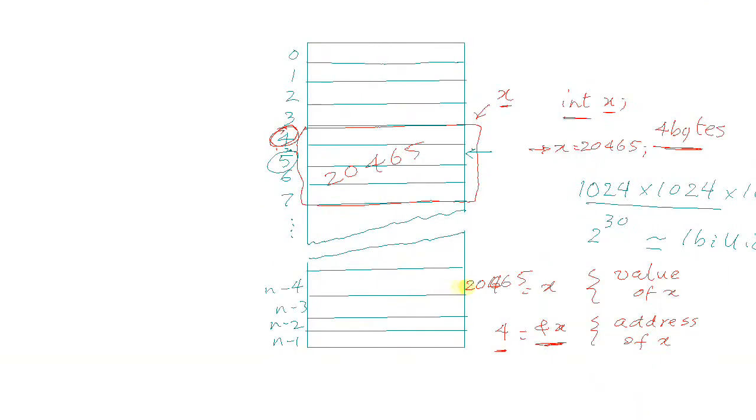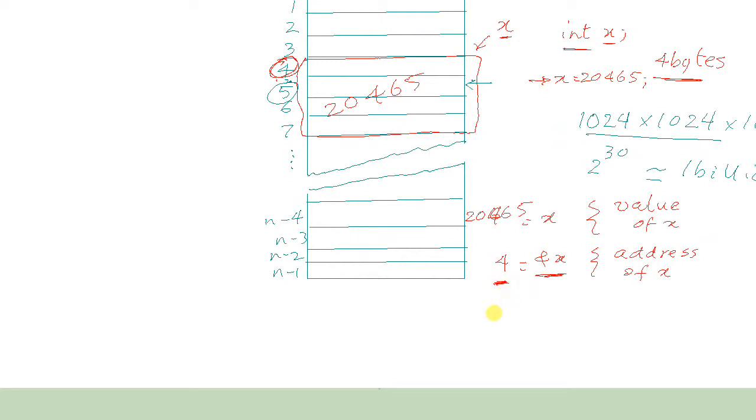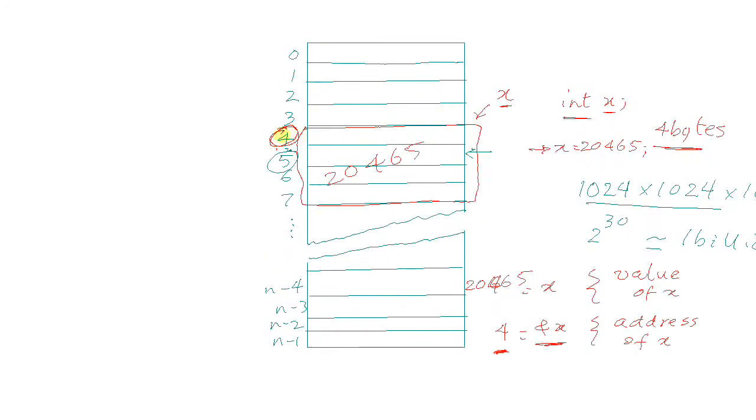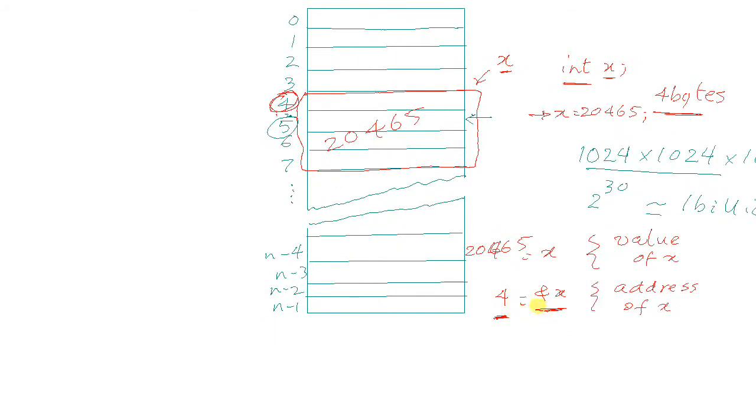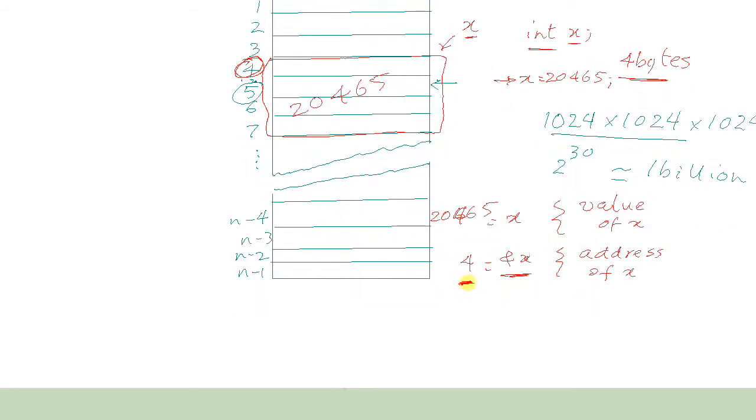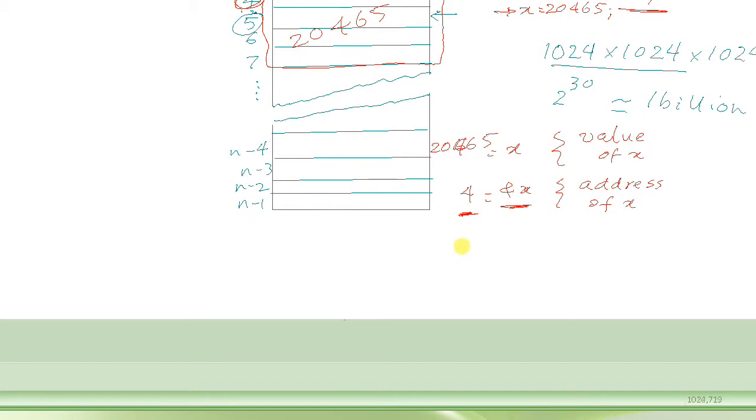By the time your program runs, you get to run somewhere in the middle of the memory, and the address is a huge number. But for our example's sake, we are thinking that the address is 4.